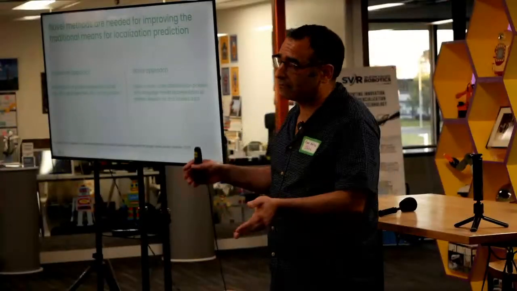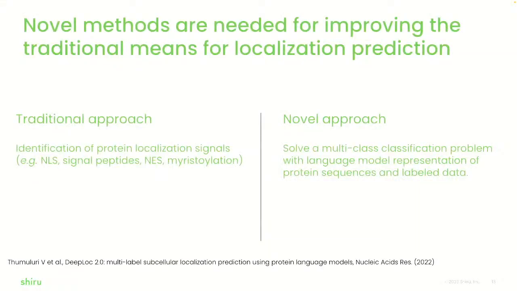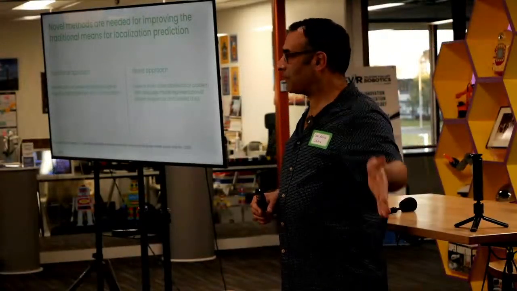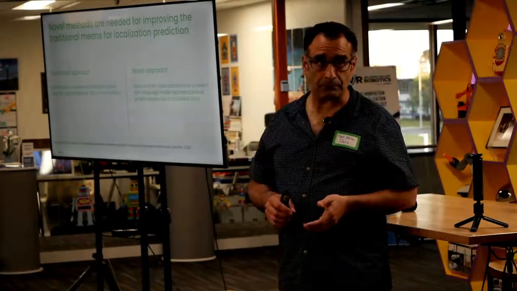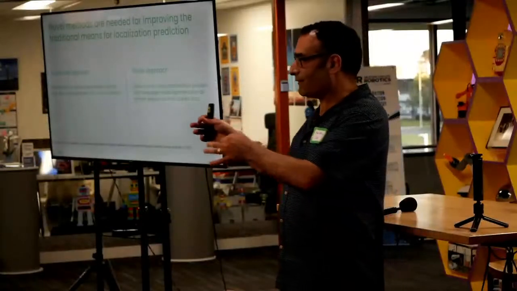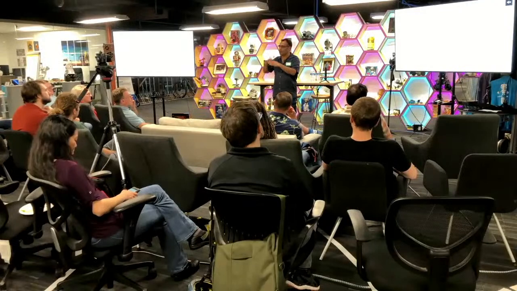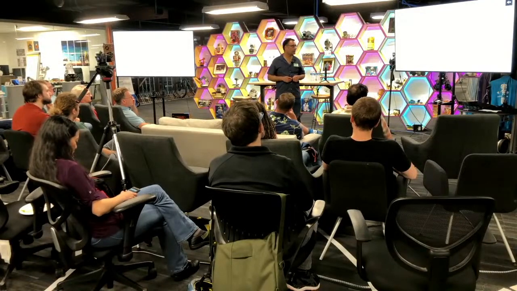Many of the traditional tools are based on sequence recognition: nuclear localization, nuclear export, export from the cell, like signal peptides. More modern approaches, very recent ones, turn this problem into a multi-class classification problem and use language models to represent the proteins as vectors and, using labeled data, predict where the protein will end up.